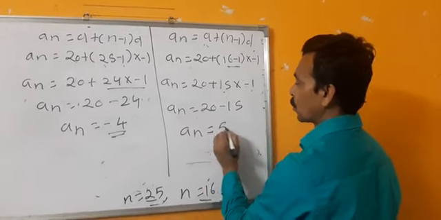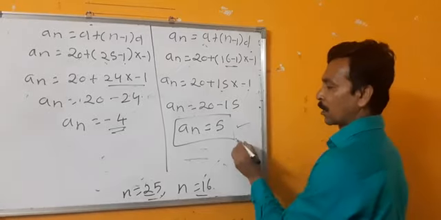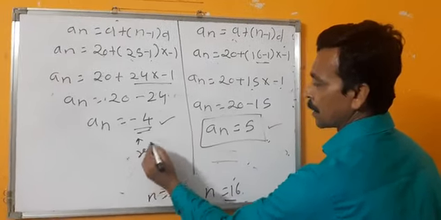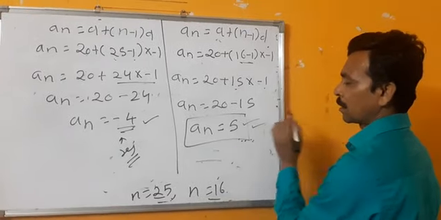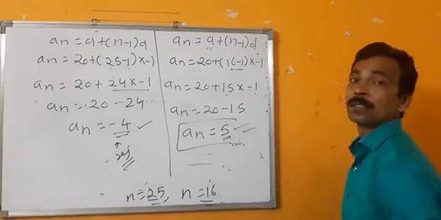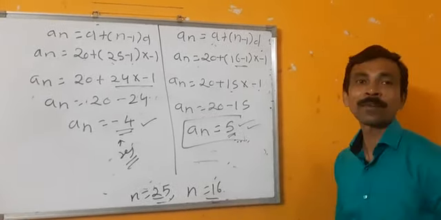An is equal to 5. So the earlier one is rejected. Here n is equal to 16 and the number of logs on the top is 5.